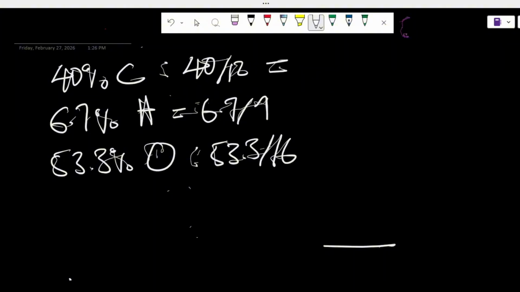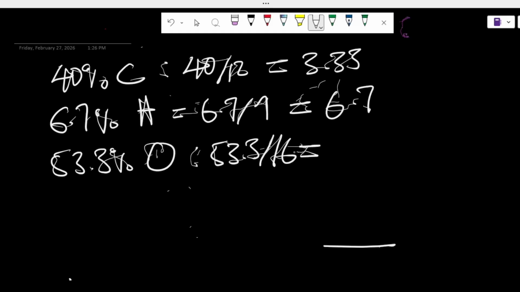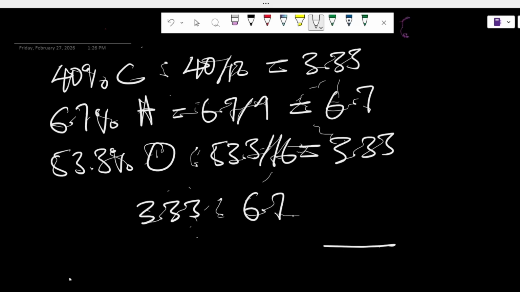So you're going to get 3.33, and here you're going to get 6.71 over 1 is actually 6.7, and you're going to get here 3.33. So when you make the ratio here, you're going to have 3.33 to 6.7 to 3.33.